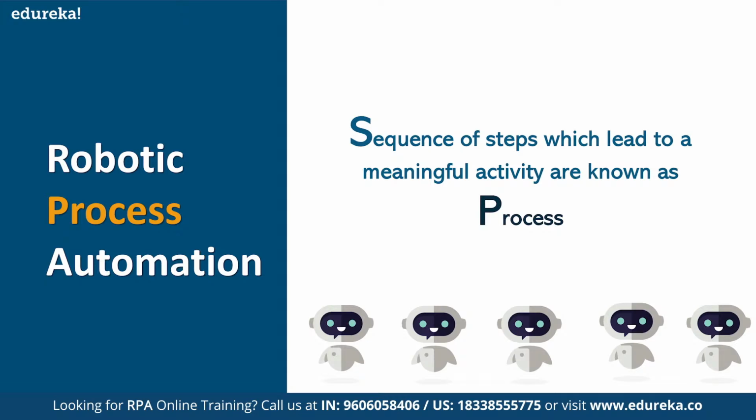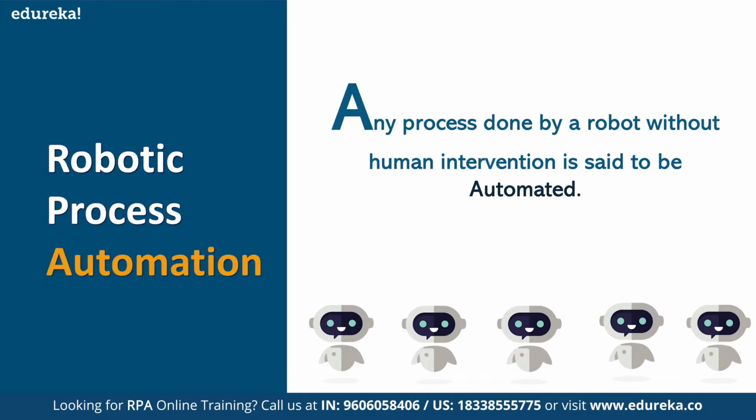Generally, before RPA, this complete process was done manually. Now after the introduction of RPA, the sequence of steps is automated without human intervention. Previously it was done by humans; now we are doing that without humans.